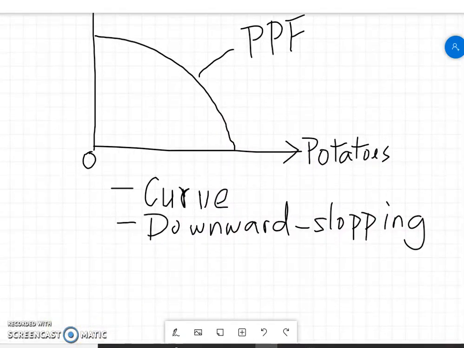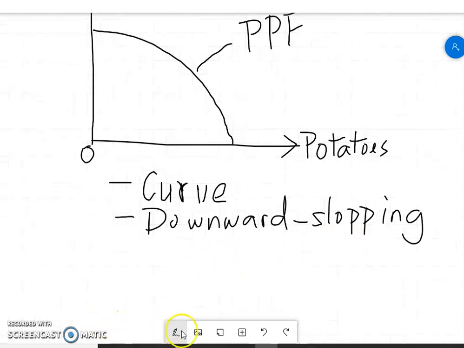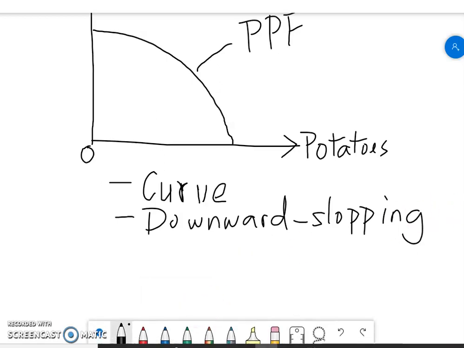And there's a third graphical feature you may have already found, which is the curve is actually bowed out. In other words, it's not bowed in or bowed towards the origin. It's actually bowed out.